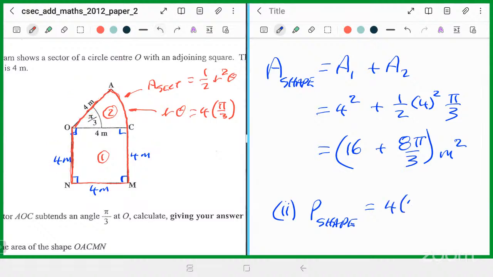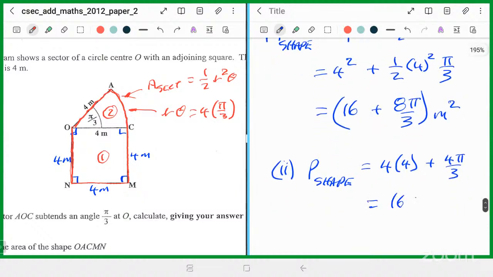Don't forget to put the meters. 4 times 4 plus the arc. The arc right here is this 4 pi by 3. That becomes 16 plus 4 pi by 3.